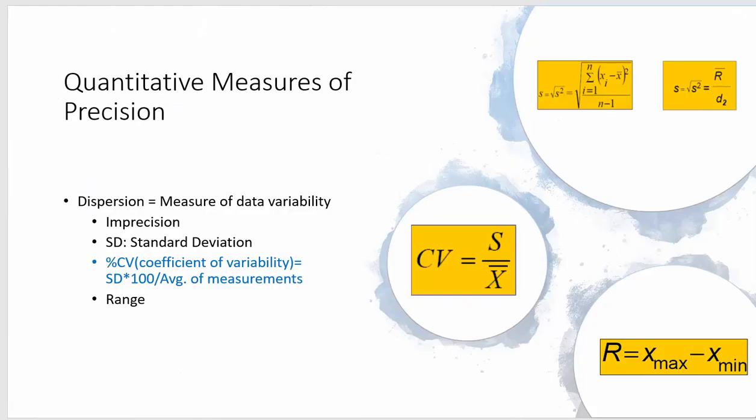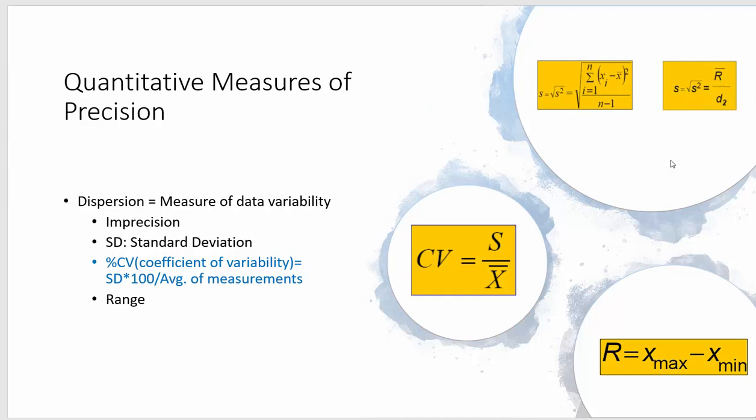And here are some of the statistical formulas that are used for measuring the precision of test equipment. Either you can use standard deviation. Here is the statistical formula to calculate the standard deviation, and there is another formula if you are using a control chart.